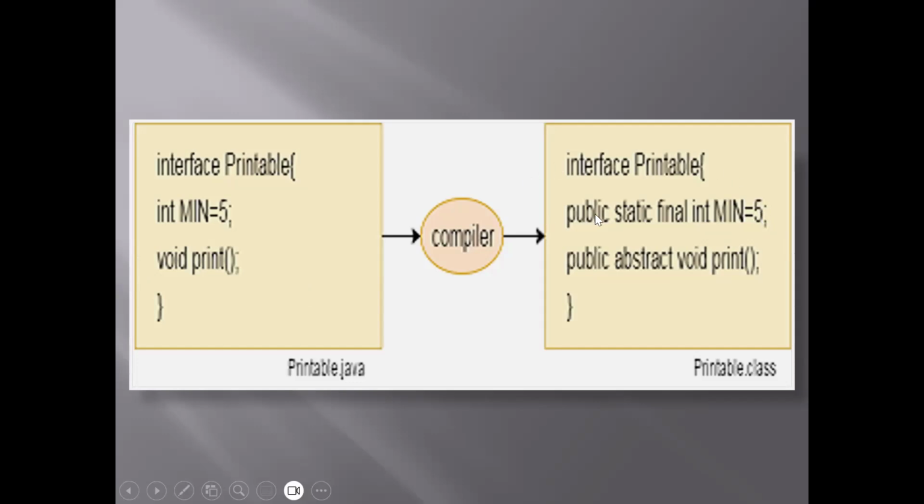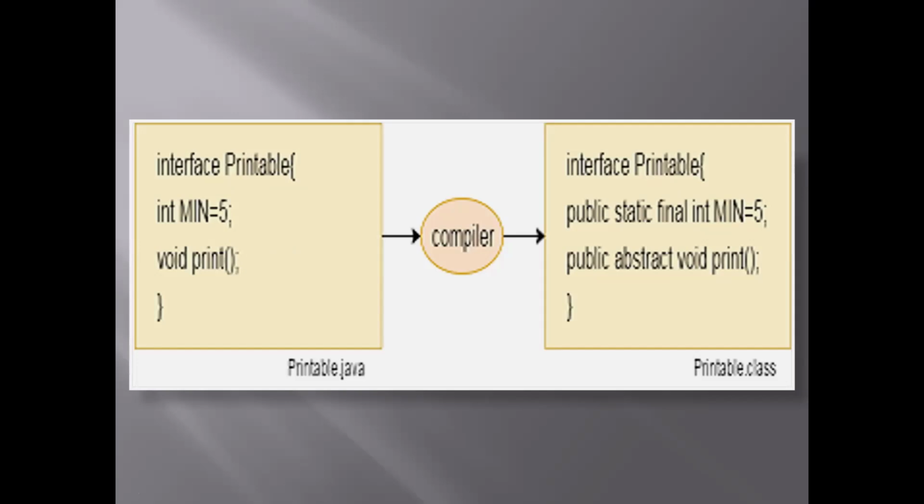Also the same happens for int min equal 5. It's shifted to public static final int min equal 5. I know that we still haven't discussed public and final. We will discuss them later in this course. We already discussed the static keyword, but in general, this constant in an interface cannot change its value. You cannot edit the value stored in this constant.